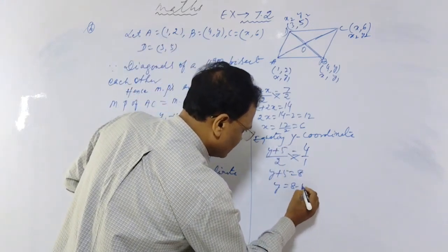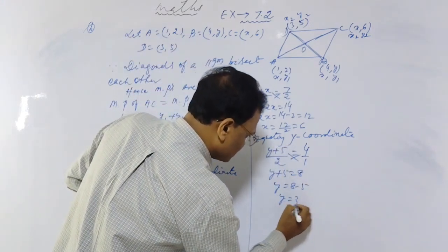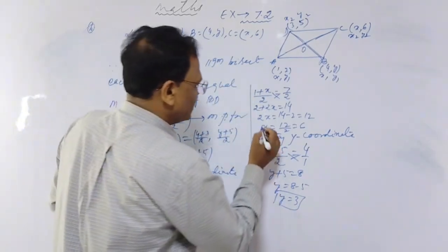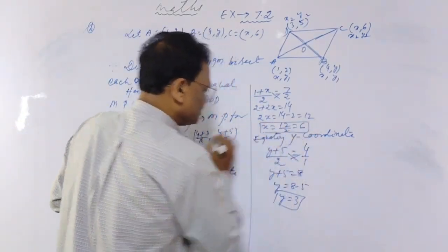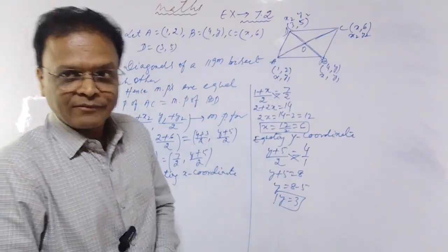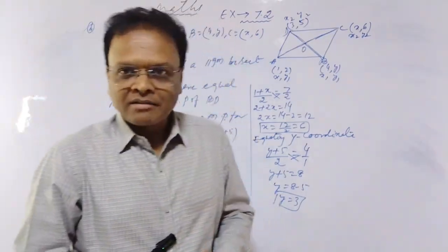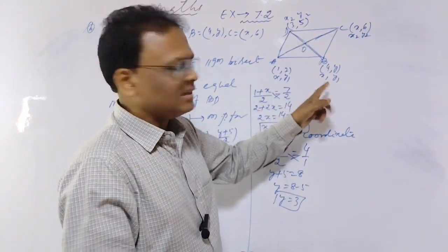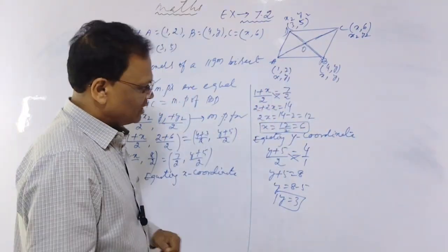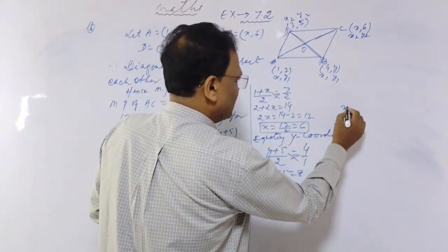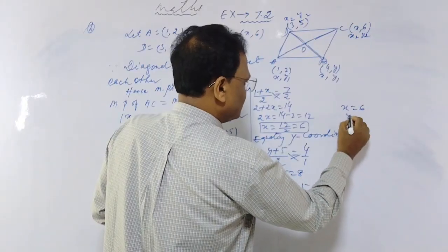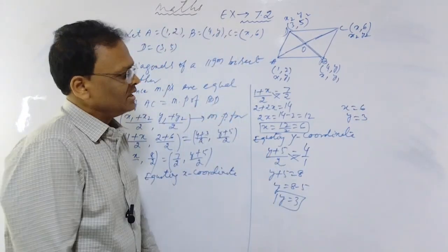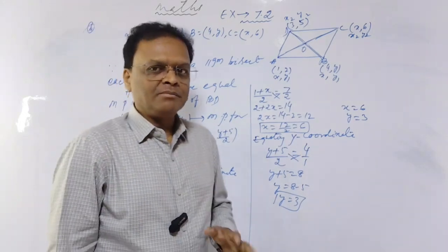Therefore y is equal to 8 minus 5, that is equal to 3. So what was my x and what is my y? My x is 6 and y is 3. Therefore in this parallelogram, the missing coordinates are x equals 6 and y equals 3. So this is the parallelogram problem.